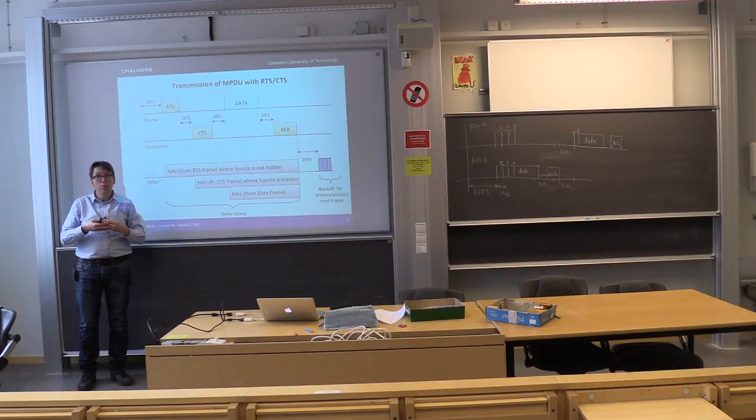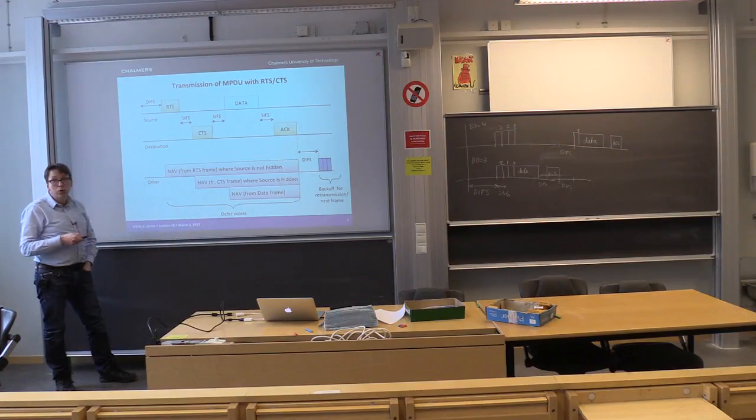So overall, this could be a gain when we have a lot of hidden terminals in our topology. Now, I think the use of RTS and CTS is optional in the standard, and it's something that you can configure as a network administrator. I don't think this is very often used, actually, but it's there in the standard.